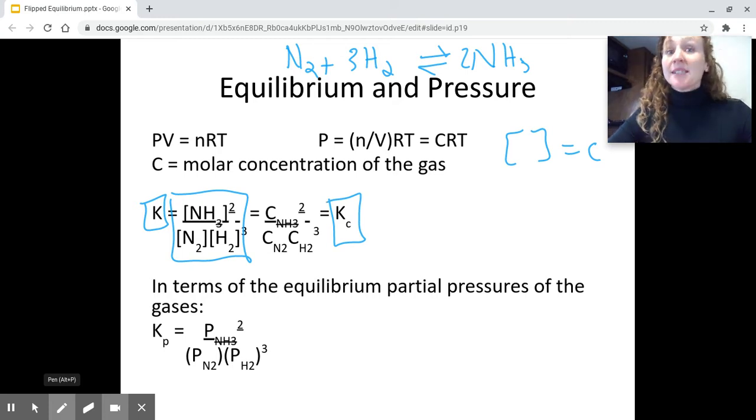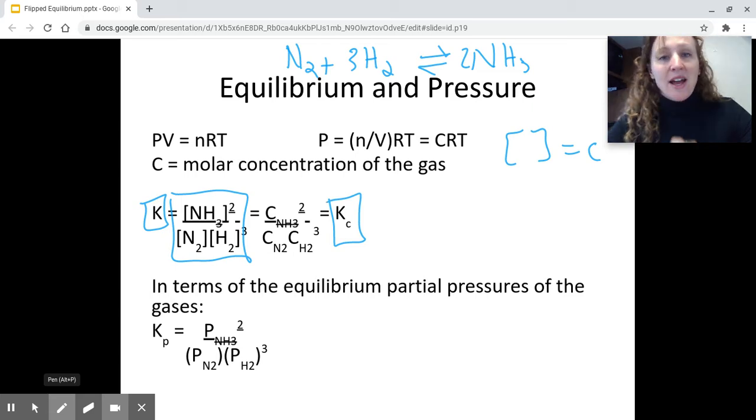But if we're dealing with gases, reactions can happen in the gas phase as well. In fact, our example on the last slide was an example that happened in the gas phase, right? And so when we're dealing with gases, it's not as convenient to measure gases in terms of concentration. Usually, when we measure the percentage of a specific gas inside the total, we measure in terms of partial pressure, right?